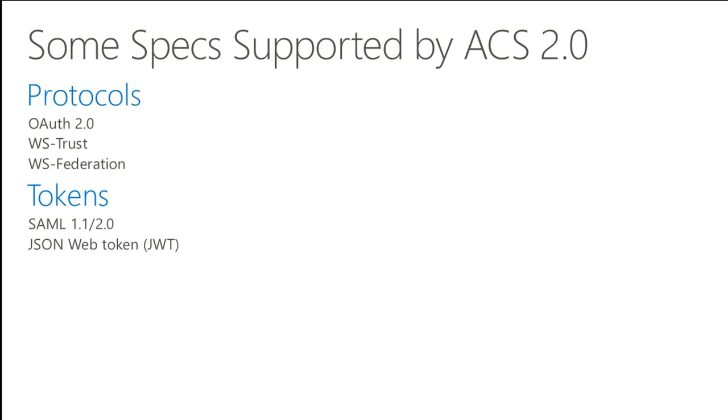This afternoon, after lunch, I will have a session about federating apps using OAuth as well, and we will use ACS. It supports WS-Trust and WS-Federation, and it can provide SAML 1.1 or 2.0 tokens, as well as JSON Web Tokens. So it's a really open service.